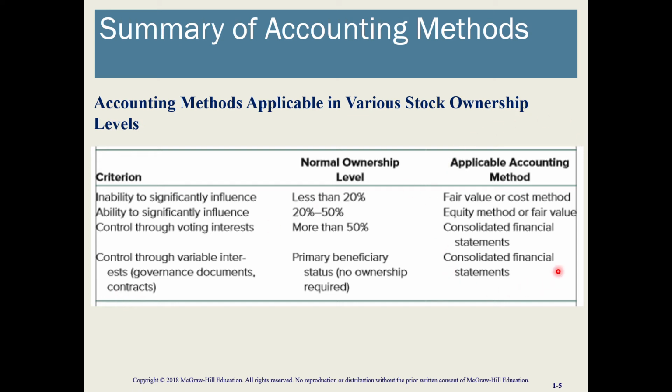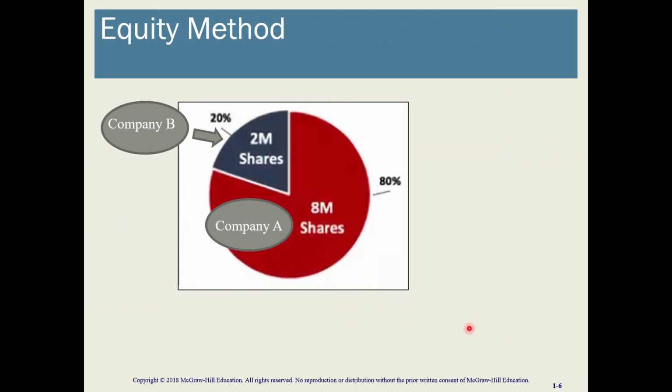So we're looking at this accounting method for the different tiers, just like we did on the other slide in our first presentation. Here's an illustration. Let's say there's a company A with 10 million shares, and we purchased 2 million shares out of the 10. So we now have a 20% ownership in this company.